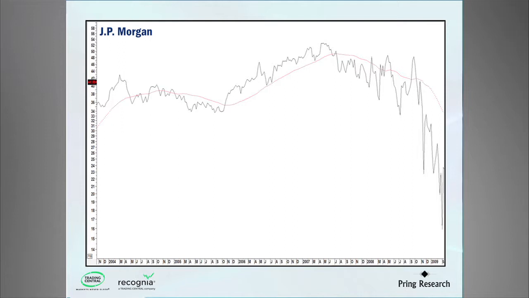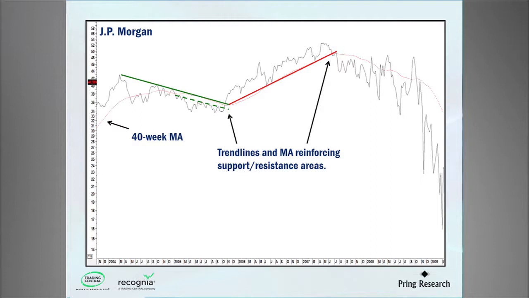Here we see a 40-week moving average for JP Morgan, along with a double trend line and moving average penetration just here. Later on, a major trend line violation developed as the bear market was getting underway. Note also the fact that in the ensuing volatile environment, the moving average crossovers completely failed.